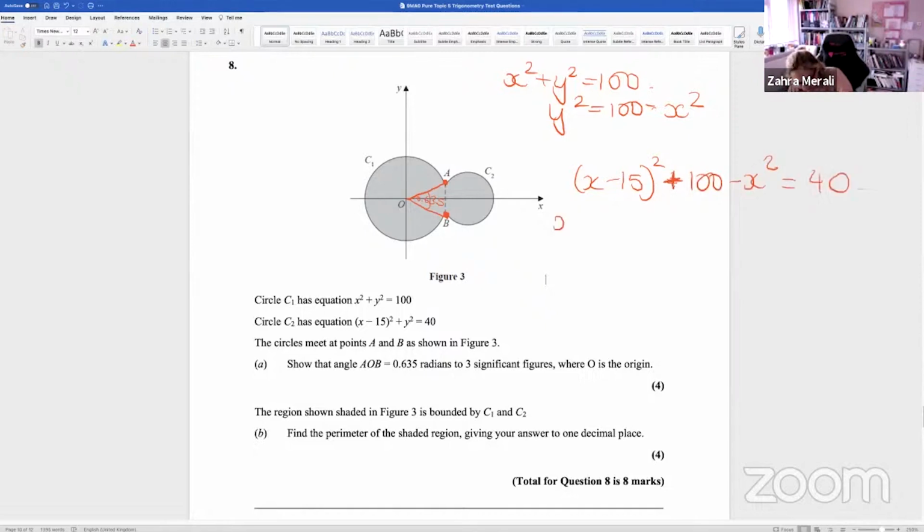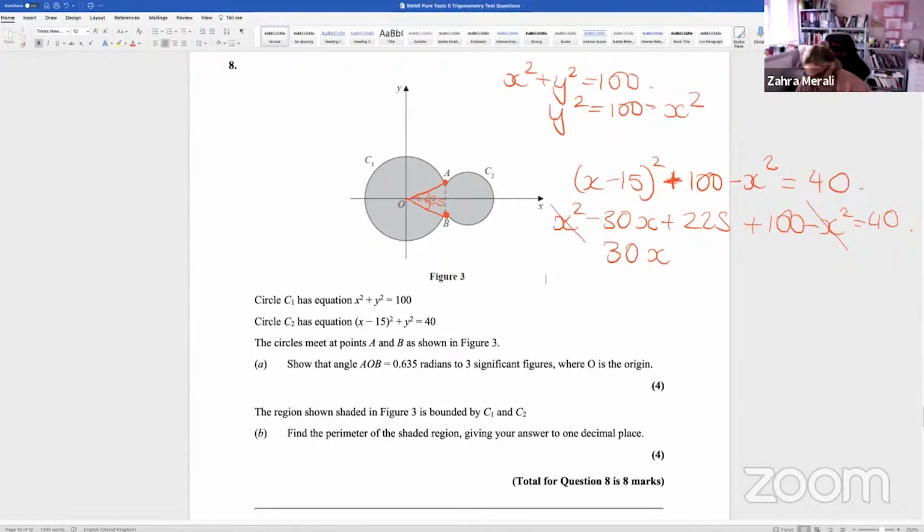Open out the brackets. Minus 30x plus 225 plus 100 minus x squared equals 40. And we end up with 30x. So that cancels, move those that side.